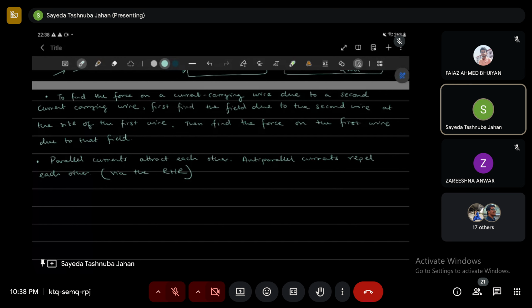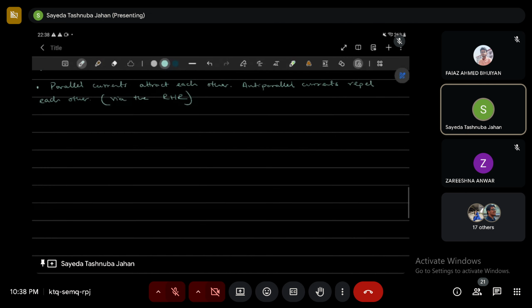Okay. So now next, and I think the final part of this section, we're going to discuss something that is very useful, and it's called Ampere's law. Okay? And Ampere's law is basically a corresponding law which is similar to Gauss's law.